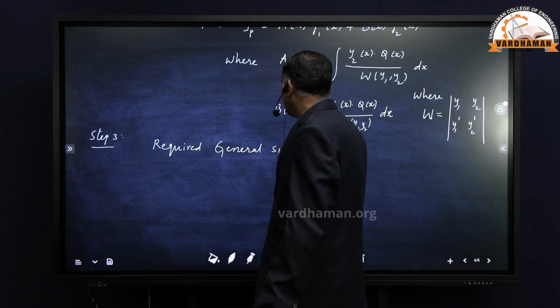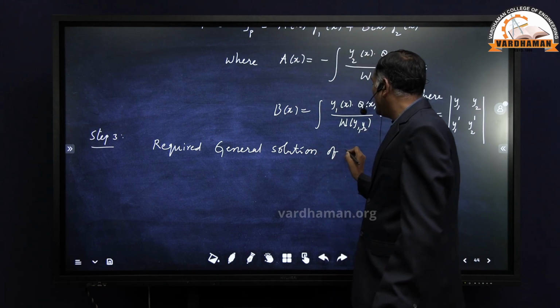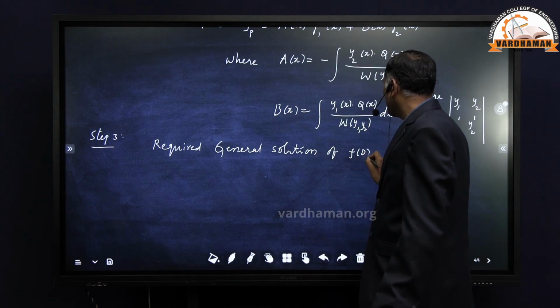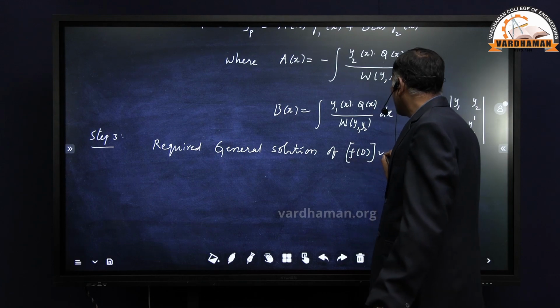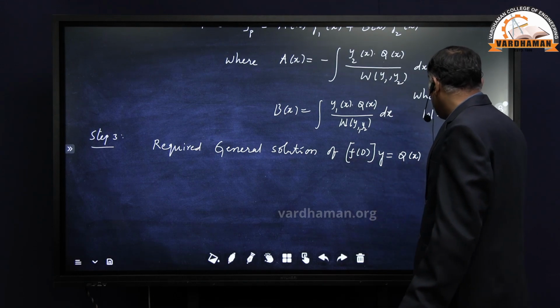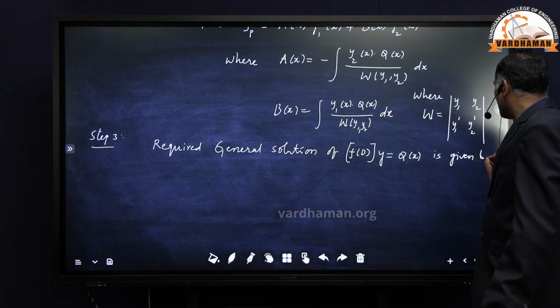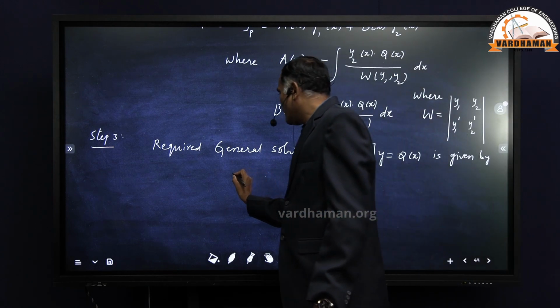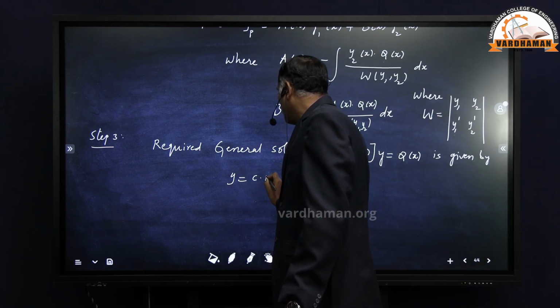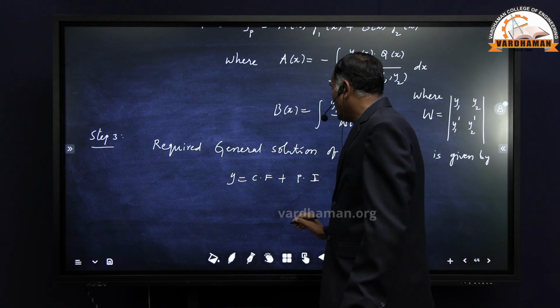The general solution of the given problem 1 is given by y equals complementary function plus particular integral.